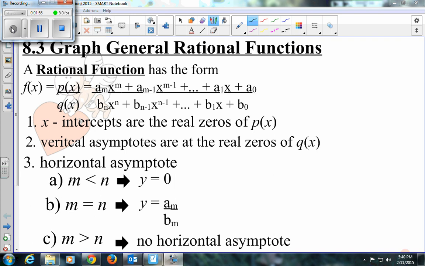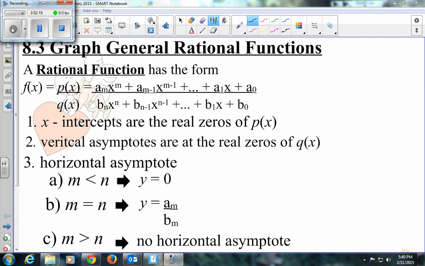The first thing we're going to do is find the x-intercepts of our function. We do that by looking at the numerator. Wherever the numerator, our p of x, is 0, that's going to be a 0 of our function, or where it crosses the x-axis.